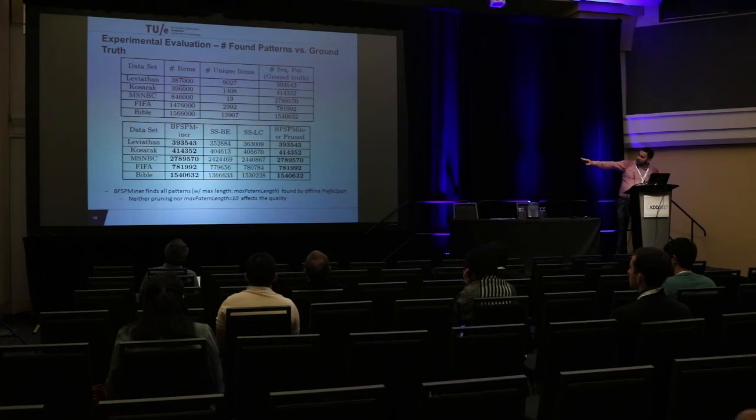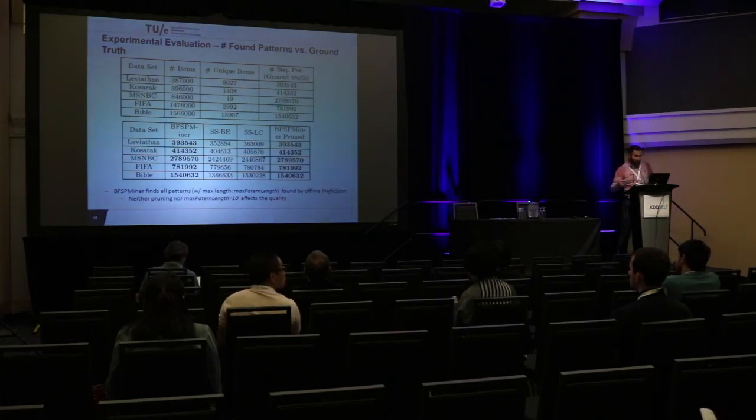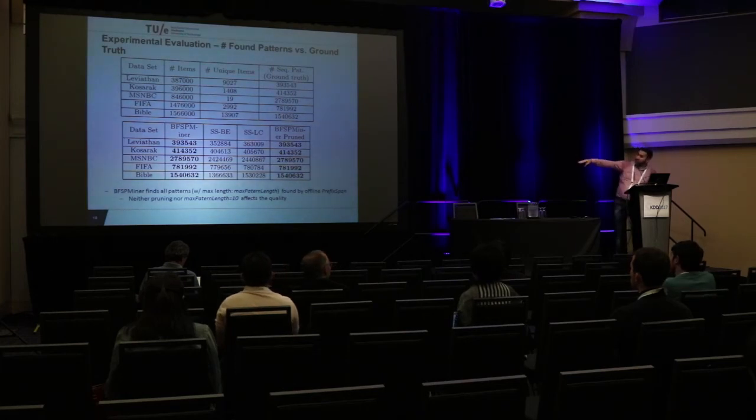It can be observed first that the max pattern length does not affect the quality of the results, because we are finding exactly the same number of sequential patterns that the ground truth, the offline approach, is finding. And also the pruning is not affecting the quality at all. So we were carefully doing some pruning that I don't want to explain in detail now.